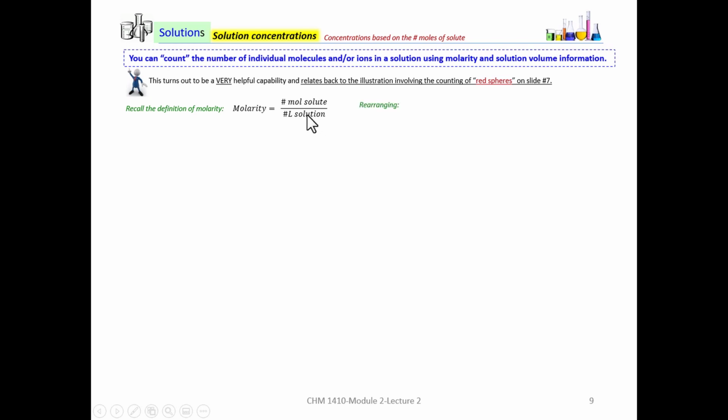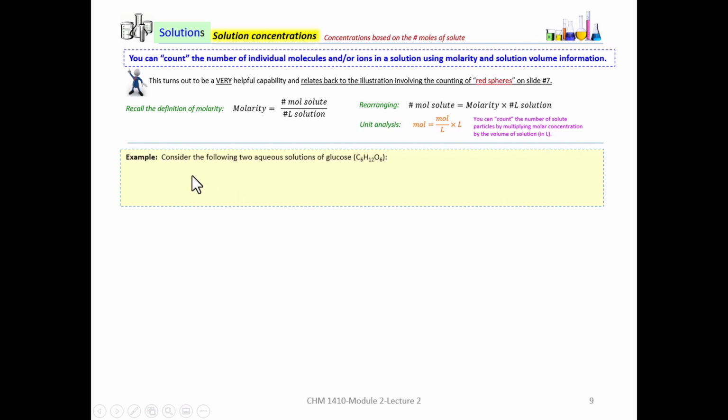If we rearrange this, we find the number of moles of solute is equal to the molarity times the number of liters of solution. We see moles equals moles per liter, molarity, times liters. Liters would cancel, giving us moles. So you can count the number of solute particles by simply multiplying the molar concentration of the solution by the volume of the solution in liters.